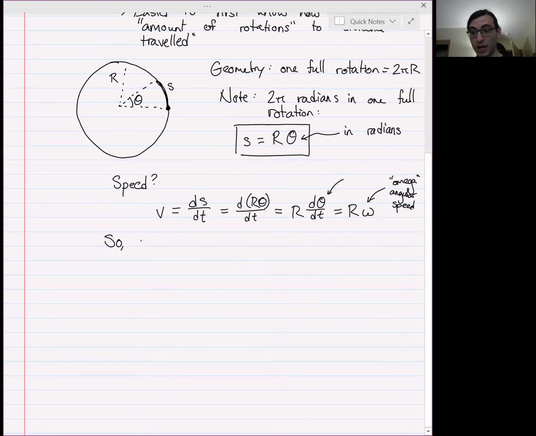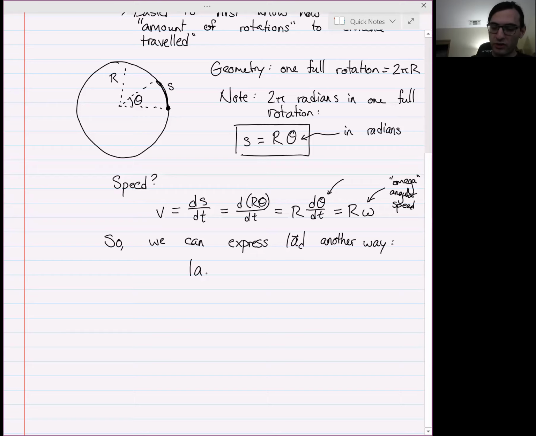With this knowledge in mind, that we can write linear speed in terms of angular speed, we can express the magnitude of the centripetal acceleration another way.